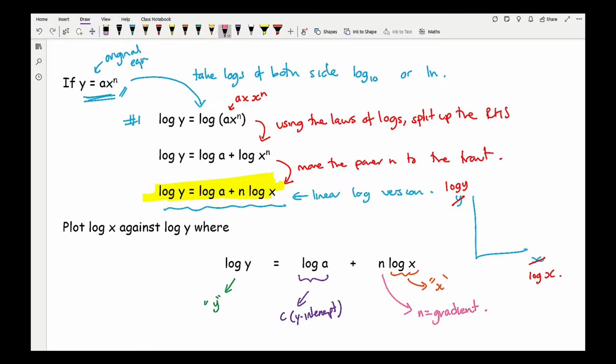So that's what we would then plot. Now, plotting each of those, this point here would be my log a value, and the gradient of that would be my n.